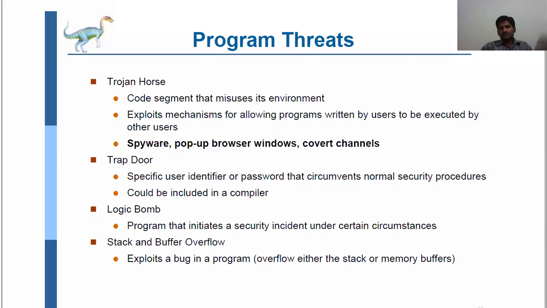It comes through the internet and attacks your system once your antivirus is not ready. It exploits the mechanism that allows programs written by a user to be extended by other users. Spyware, pop-up browser windows, and covert channels: this is where we can have an attack of these types of viruses.